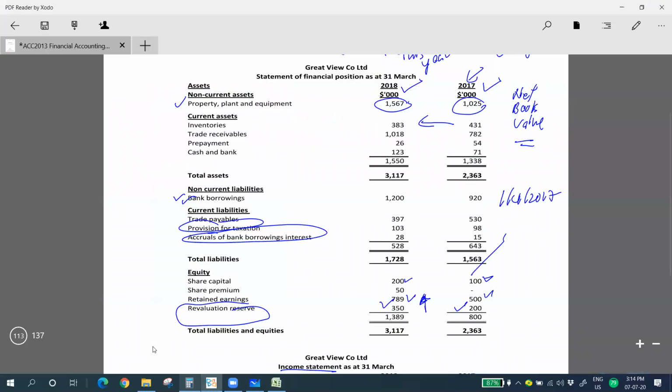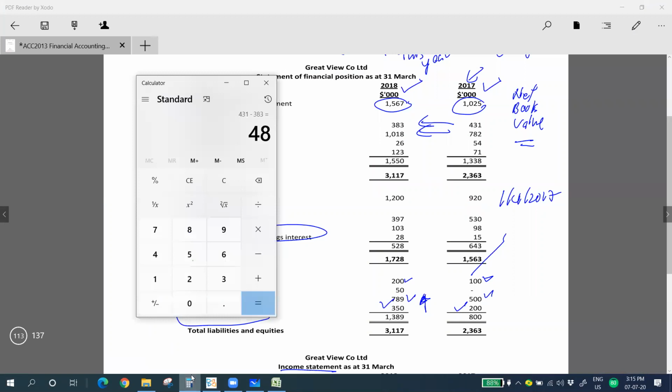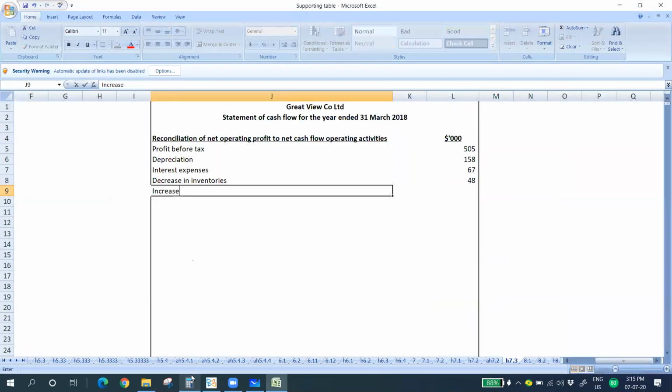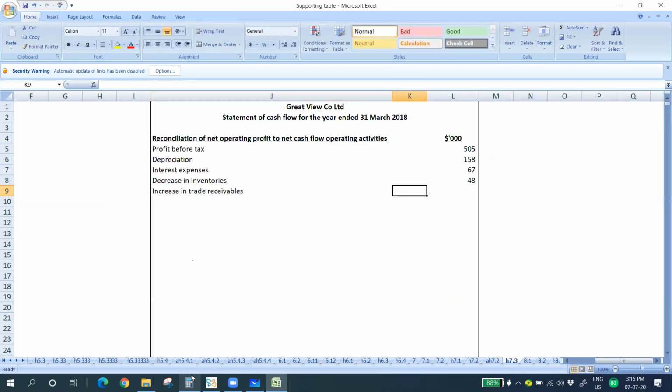Next, the next item is your trade receivables from 782 to 1018. So this is an increase, right? 1018 minus 782, an increase of 236. So tell me, an increase in your trade receivables, what is the impact in your cash flow statement? Positive or negative?